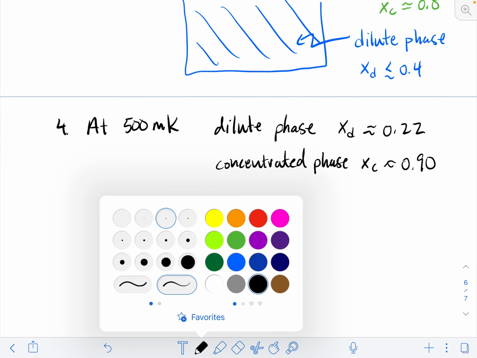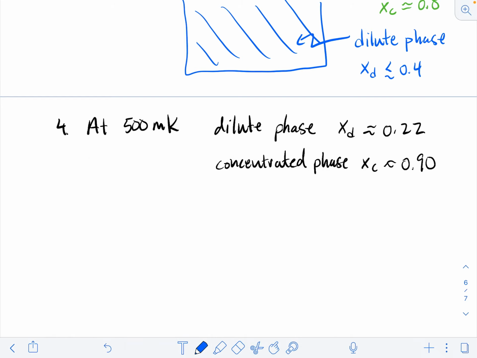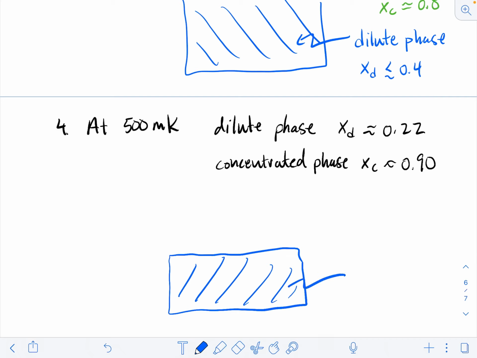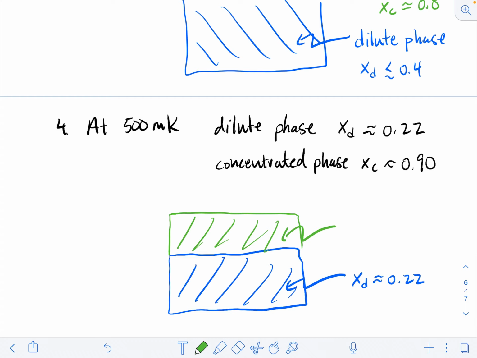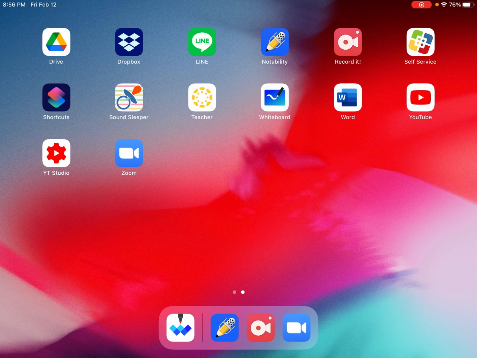And if we draw this picture again, it looks the same, except that the concentrated phase on top is growing. It's becoming a larger fraction of the total volume. And so this is dilute phase 22%, and the concentrated phase has grown a little bit, and it has 90% helium-3 in there.